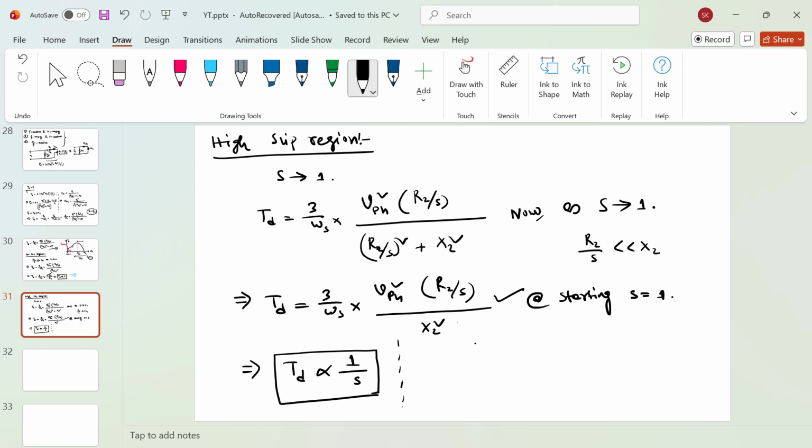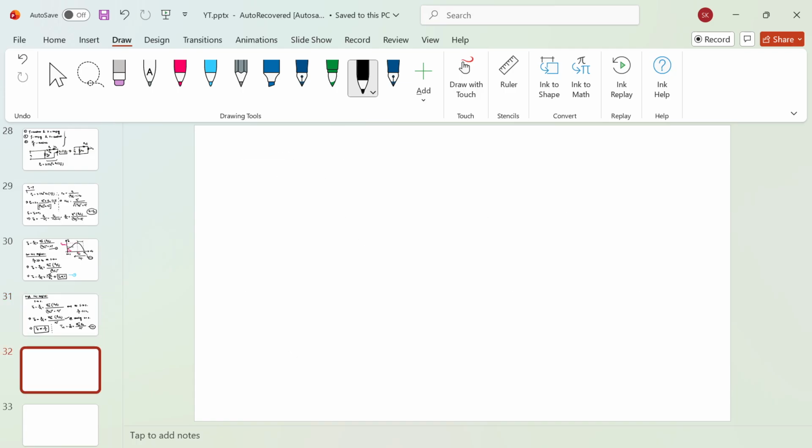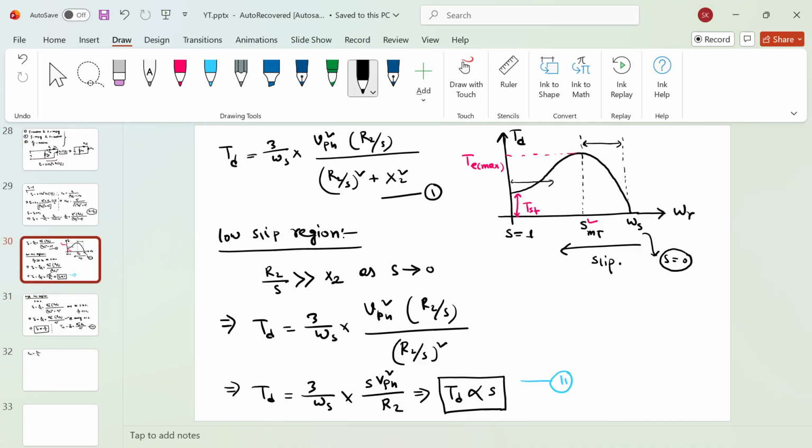So you calculate the starting torque, T starting equal to 3 by omega s, put s equal to 1, R2 by X2 square. This is another equation for calculating starting torque. And you also know the slip at maximum torque, which is nothing but R2 by X2.